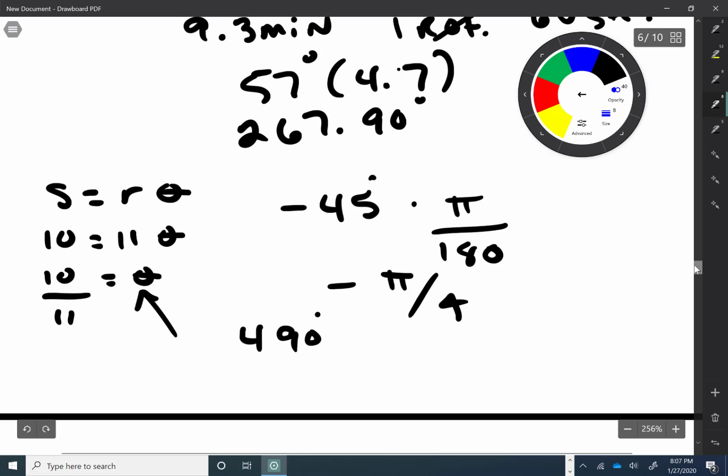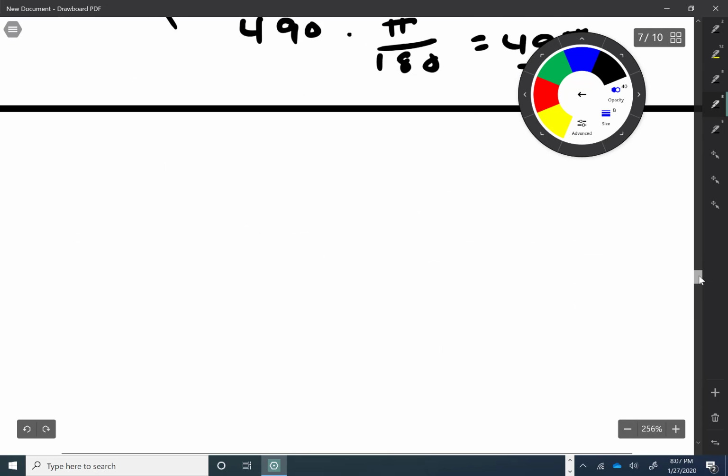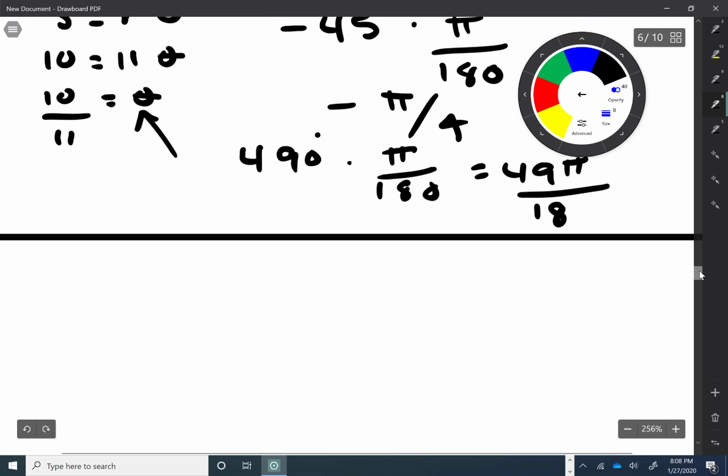So we multiply that by pi over 180 again. And when I do my math, I end up with 49 pi over 18. You need to get yourself a good calculator that will reduce fractions, because we're looking for accurate answers in a trig class where you're going to be doing calculus later.